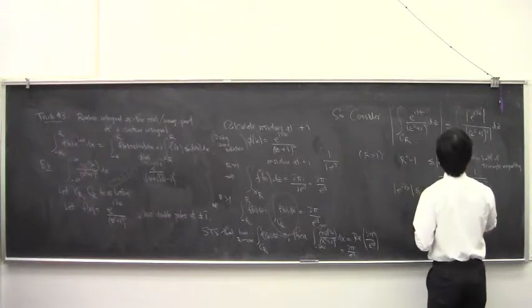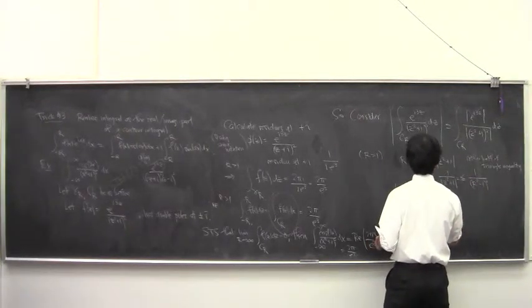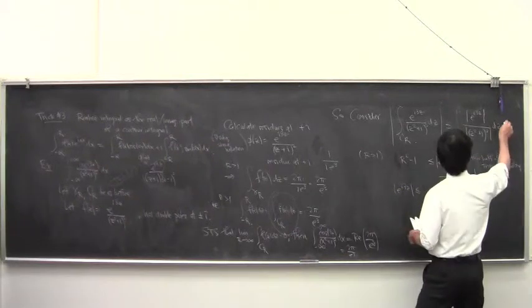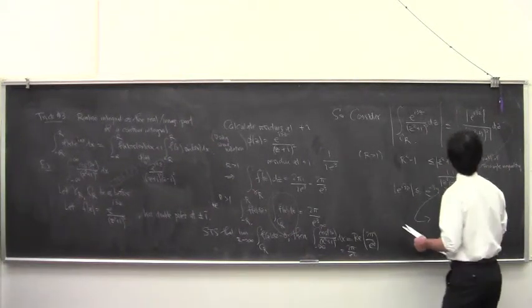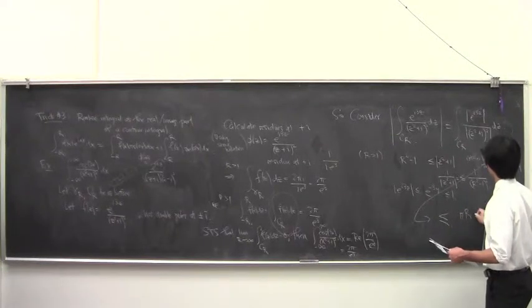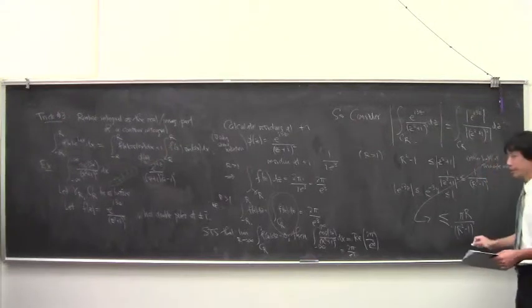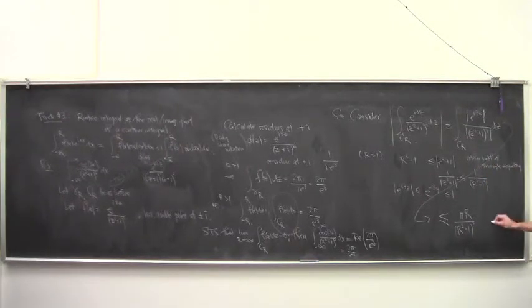So what you get altogether is that this thing is bounded by pi r over (r squared minus 1) quantity squared, which clearly goes to 0 as r goes to infinity.